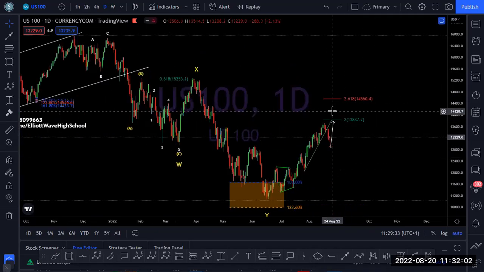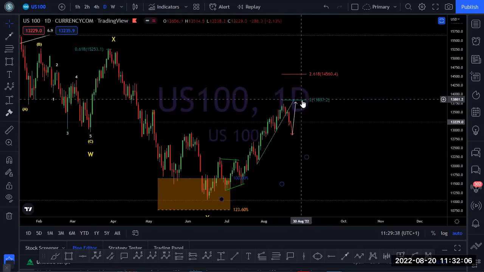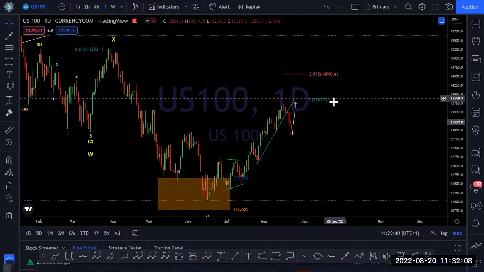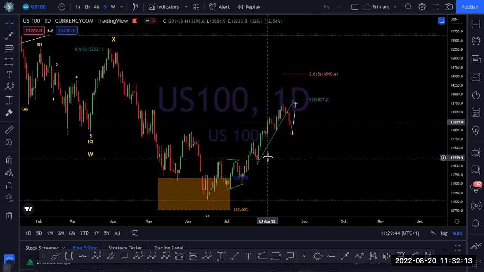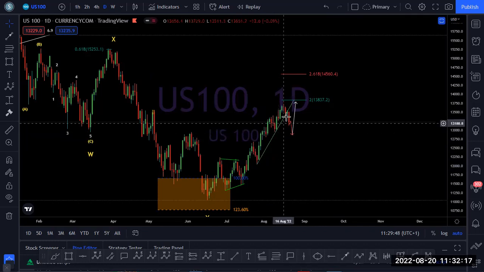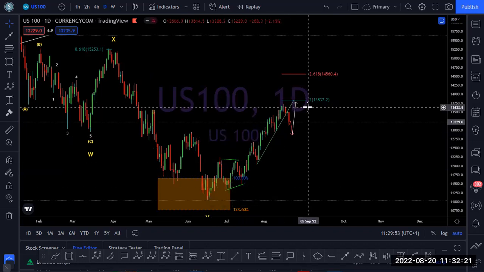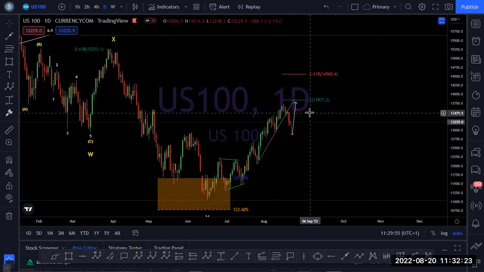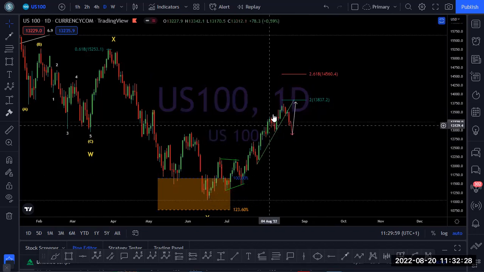So now, what is our concern? From this chart, we expected the market to reverse around here. It keeps going up. We were expecting a correction, which is ABC, but it failed.